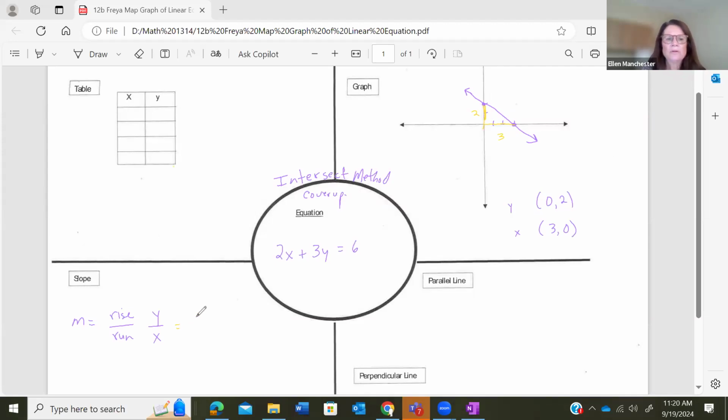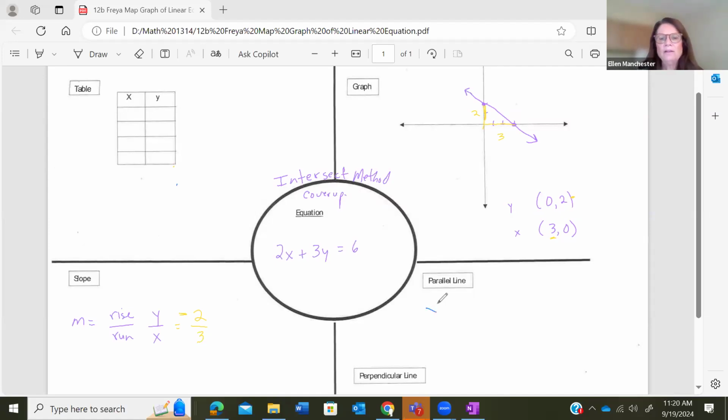So our slope, the y over the x, do you see it? The y over the x, and then look at your line. It's going downhill. So that makes it a negative slope. So the y-intercept over the x-intercept. Y-intercept over the x-intercept. Or plot your graph and then just count. Rise and run.